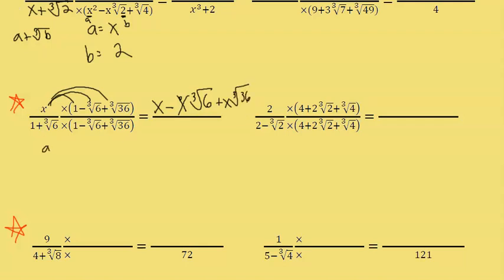Okay, so now we have A is 1 and B is 6. So A cubed plus B would be 1 plus 6, and that's 7. Okay, pause the video, try this next one.